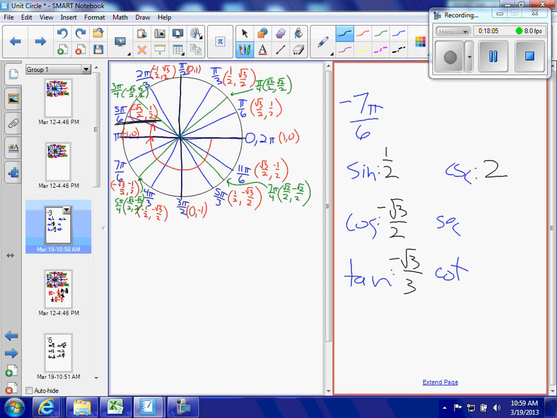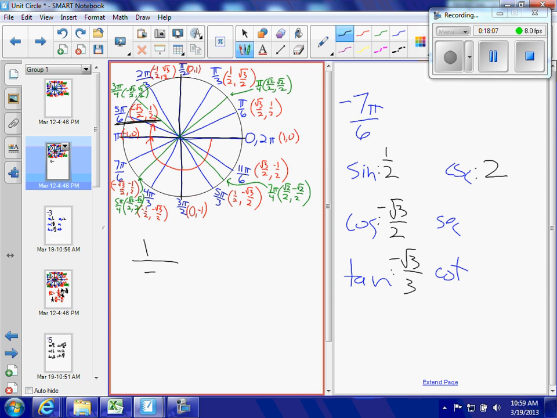1 over negative radical 3 over 2, multiply by the reciprocal, negative 2 over radical 3, those cancel out.